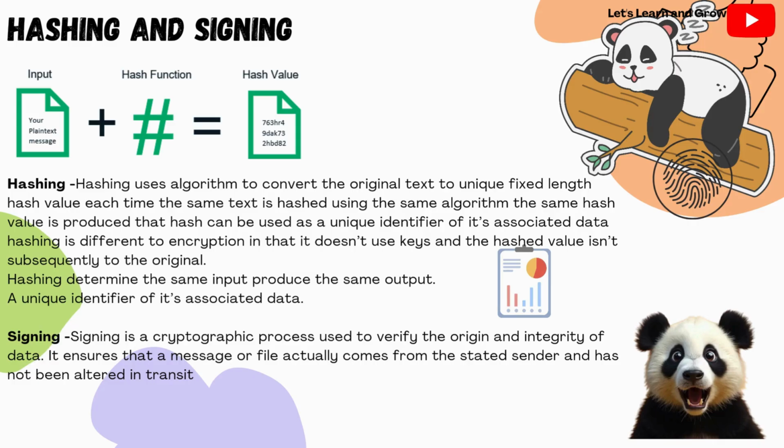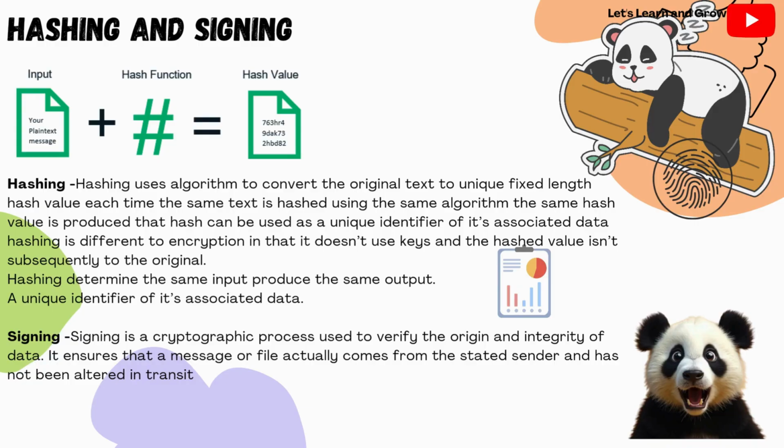We will understand how hashing and signing work. Hashing takes an input like a plain text message, which is passed through a hash algorithm and converted into a hash value. Hashing uses the algorithm to convert the original text to a unique fixed-length hash value. Each time the same text is hashed using the same algorithm, the same hash value is produced, and the hash can be used as a unique identifier of its associated data.